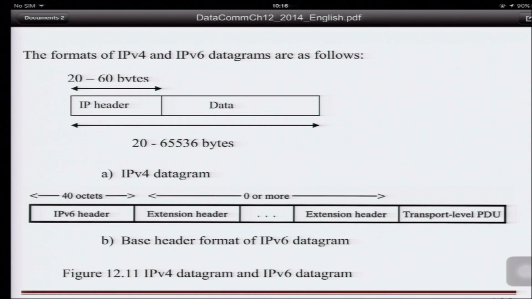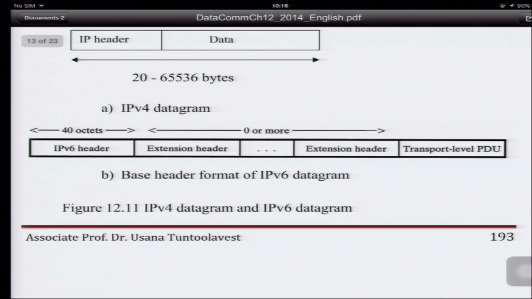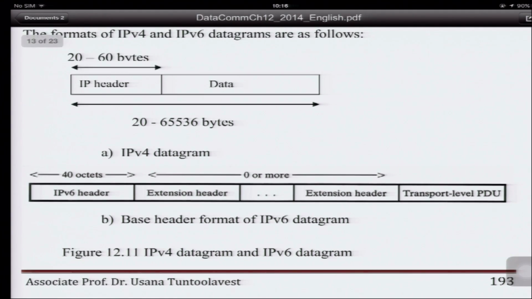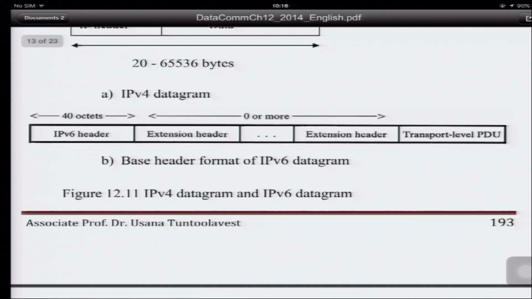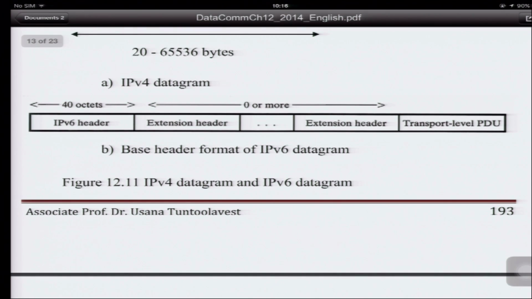But for the IPv6 datagram, the basic header is already 40 octets, or 40 bytes. So you don't have the 20 byte version. You have a 40 byte basic header of IPv6, and you can have an extension header, so you can have a longer header if you want, or if it's not necessary, you can have only the basic header of 40 bytes.